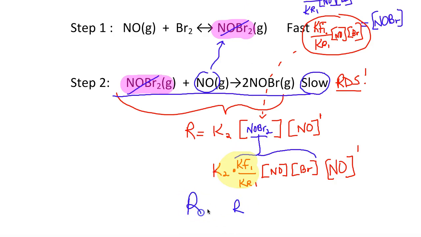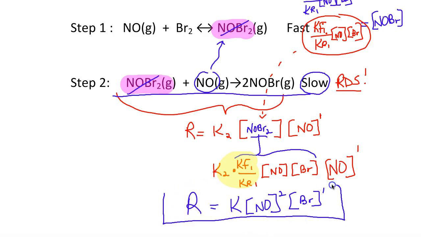So that becomes k of the entire reaction. Hey, there's two of these. So this is going to become NO to the second power and Br2 to the first. And that is our rate law.